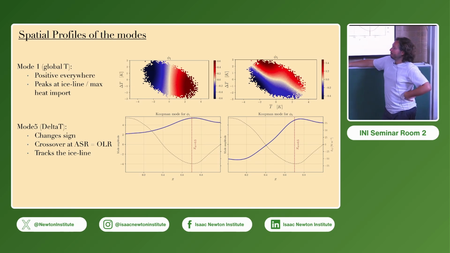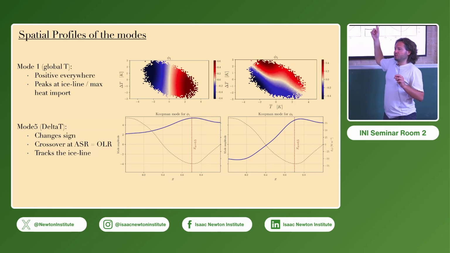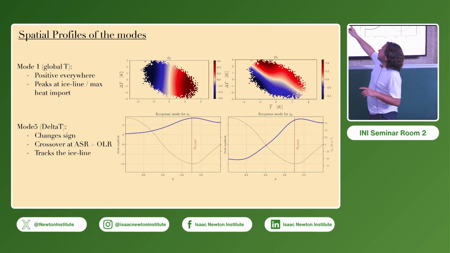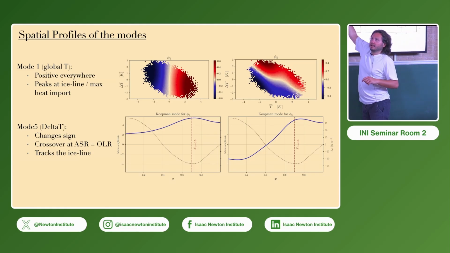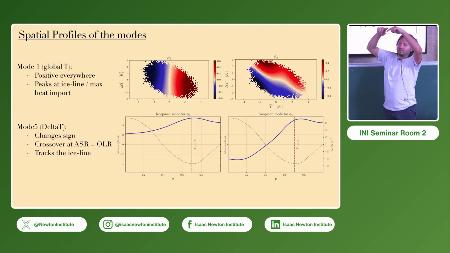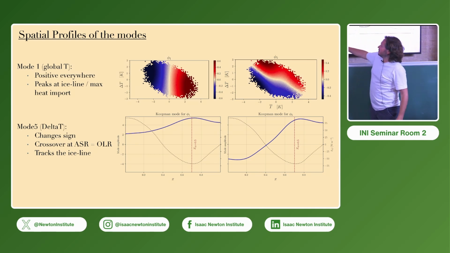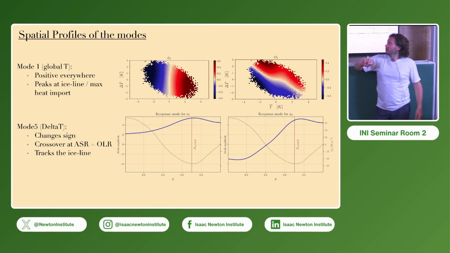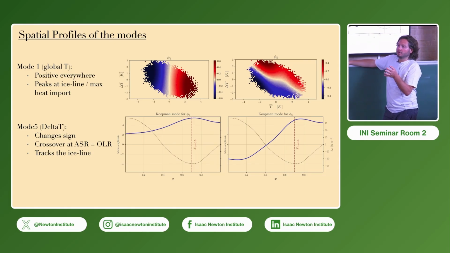Bottom left figure. Is this the same for all state spaces X, or if you chose a different state space X, would this look different? What do you mean state? State space is T in this case, the temperature. So the Koopman eigenfunction is defined on T, the vector of T, and this is like the absolute amplitude. My question is whether the blue line is invariant to the state.